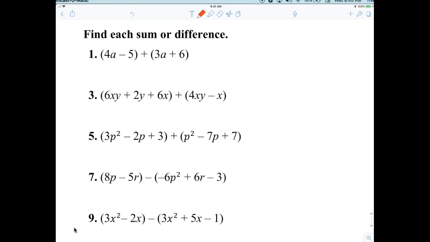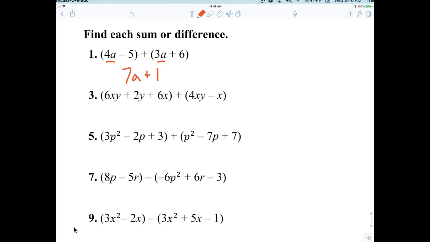A pencil plus a pencil is 2 pencils. A pencil and a pen don't equal 2 pencil pens. If you're adding a pencil and a pen together, you end up with a pencil and a pen. So here we go. Number 1, 4a and 3a is what?